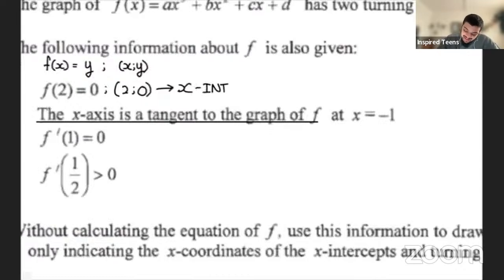Okay, the x-axis meaning a horizontal line. And if a horizontal line is a tangent to the graph, this means that we are talking about the turning point. So because the x-axis is a tangent to the graph of f, the turning point is on the x-axis. That's essentially what they are saying.